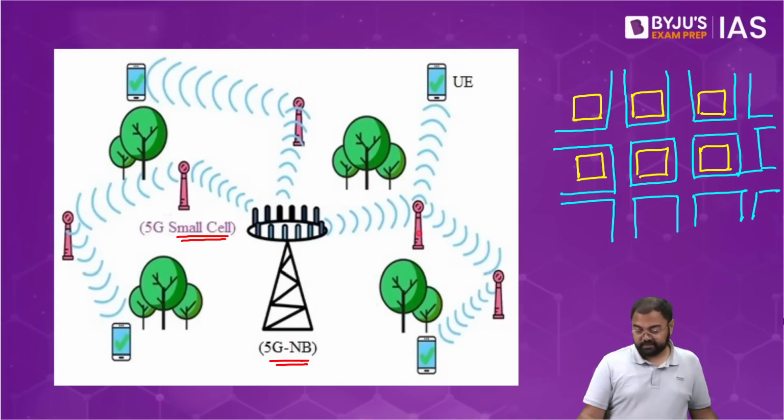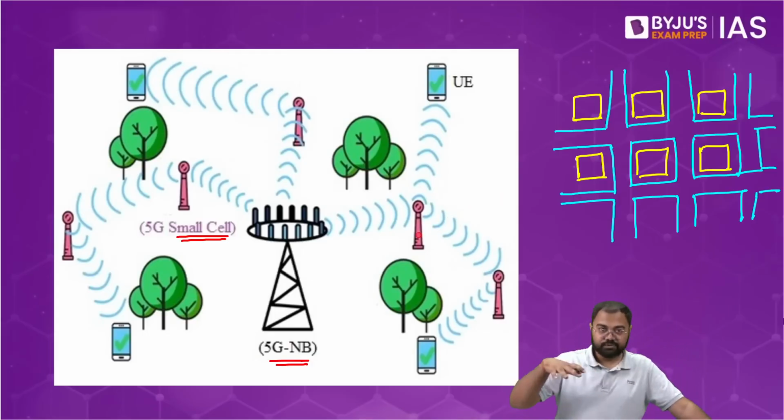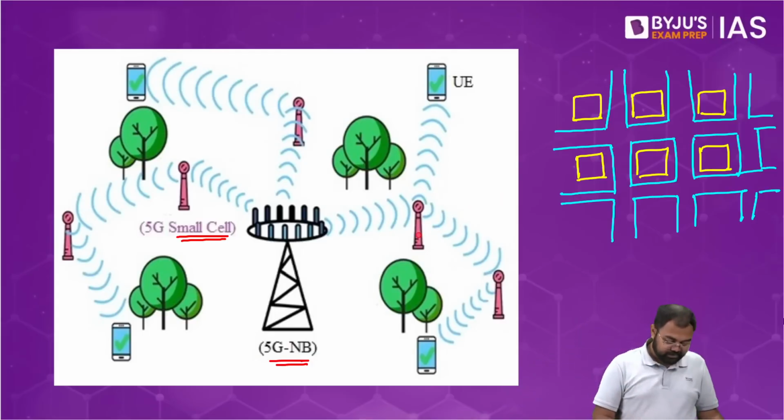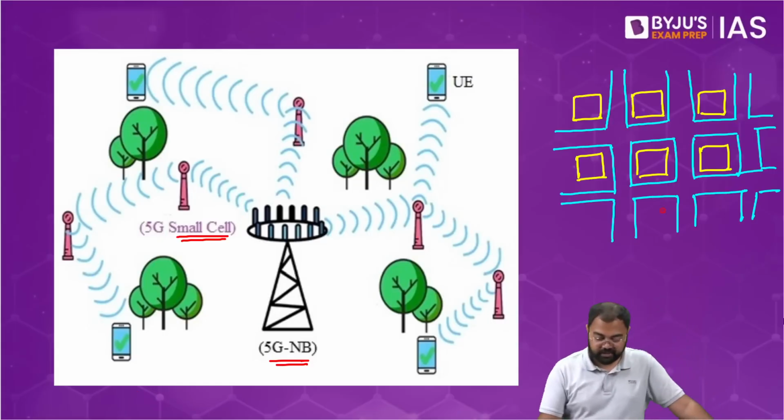It means that you need to provide connectivity to this entire area. So for providing connectivity, you need one small cell here, and you have one small cell here.